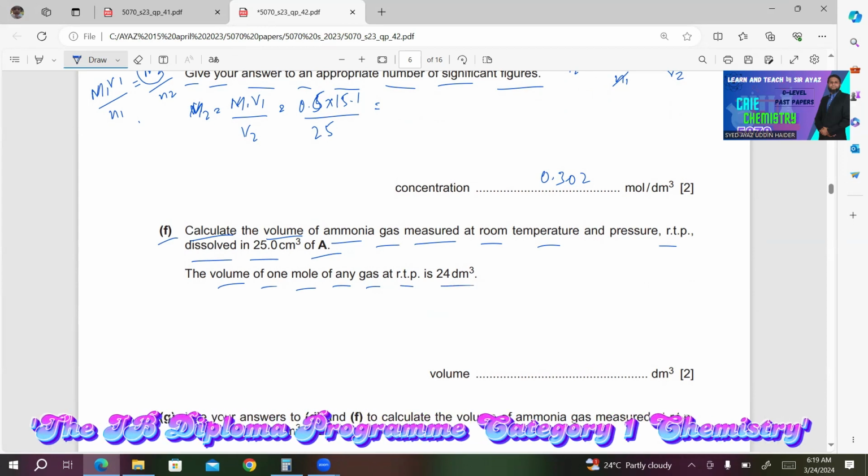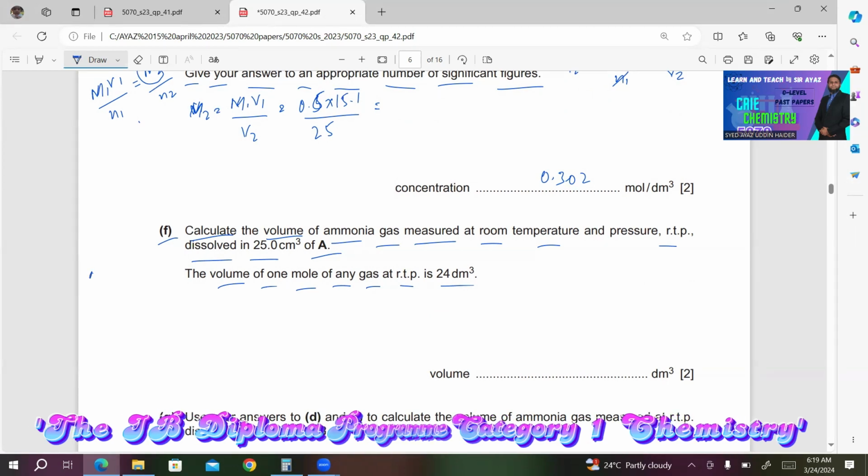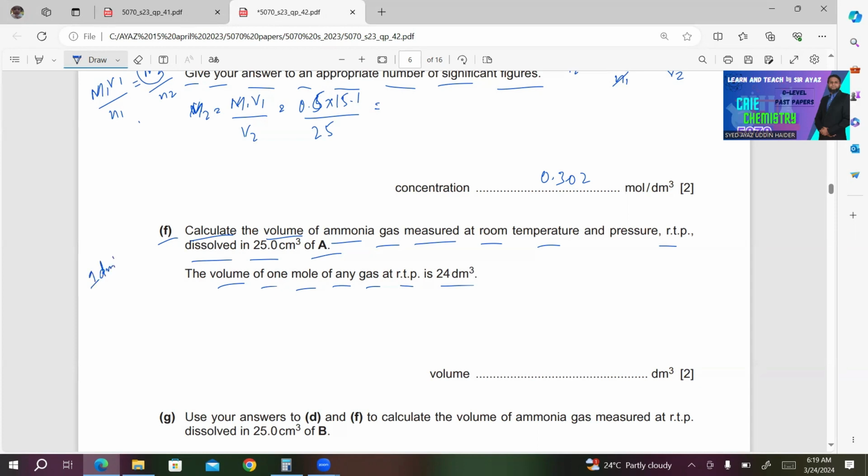So the moles for solution A is in 1 dm cube. 1 dm cube means 1000 centimeter cube. So I will write 1000 centimeter cube contains 0.302 moles.